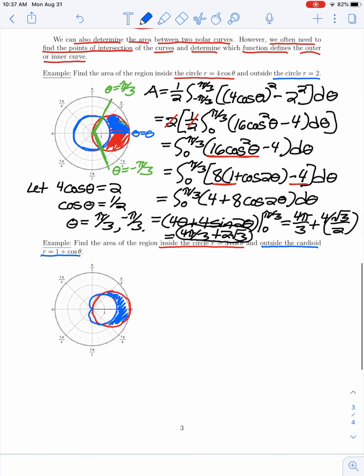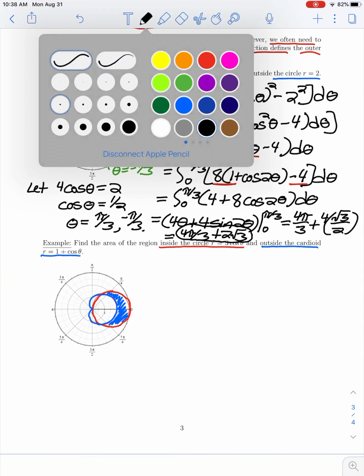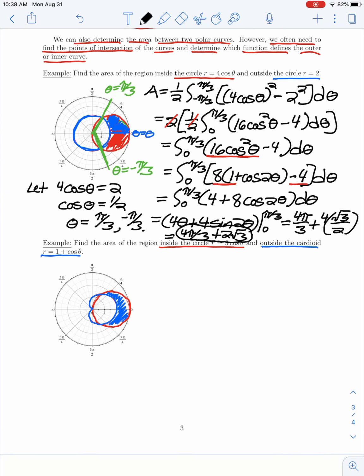Now, in order to determine the theta interval over which we're going to integrate, we need to find the points of intersection for these two curves, which we can do by setting them equal to one another. So that is 3 cosine of theta will be set equal to 1 plus cosine of theta.